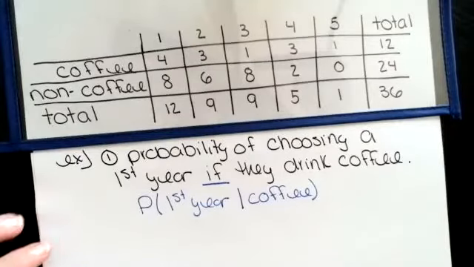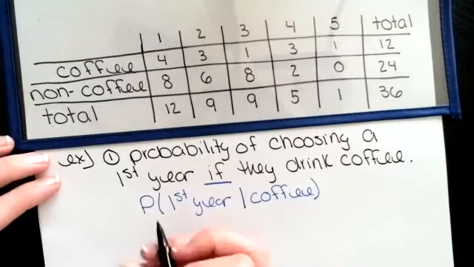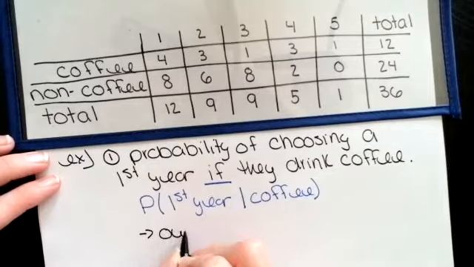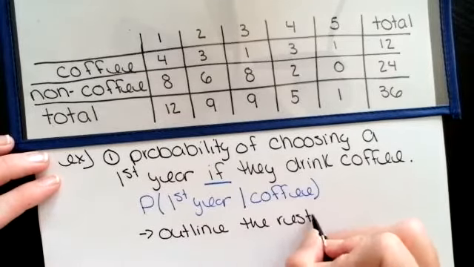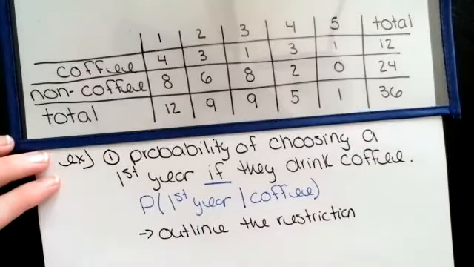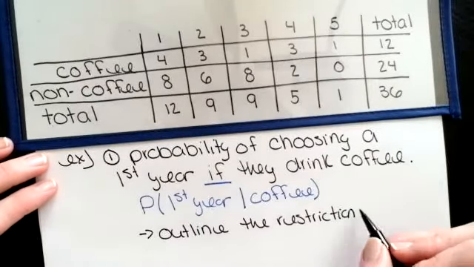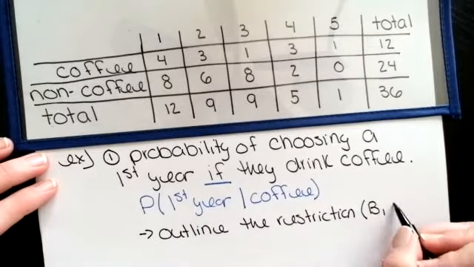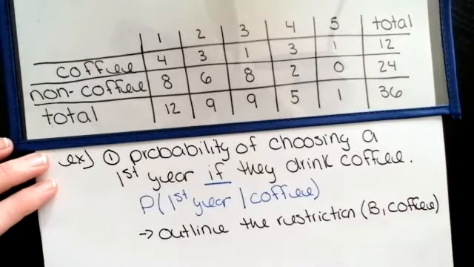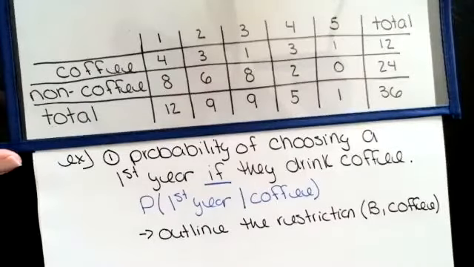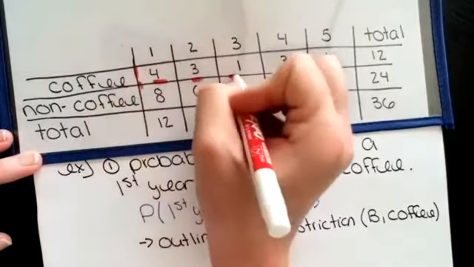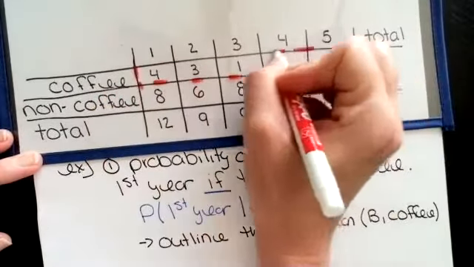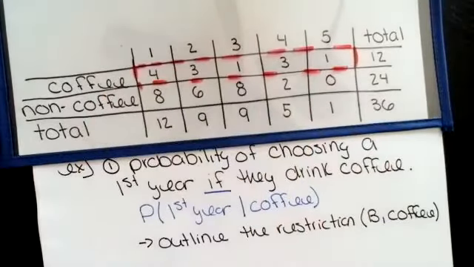So what we're going to do here for the two-way table, we're going to take the two-way table and we're first going to outline the restriction. And in this case, it is the coffee. It's the second part, coffee. It's the B event. So we're going to outline that. So I'm going to take my marker and I'm going to outline all of that here, okay?